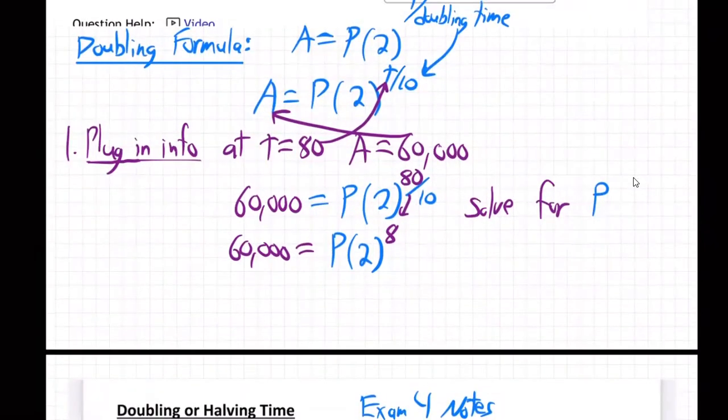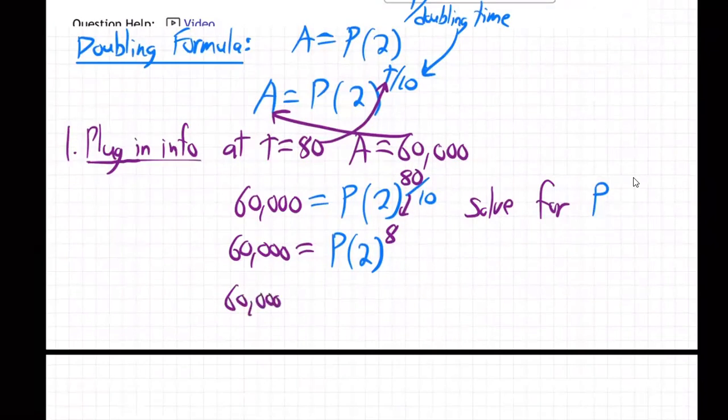So 60,000 equals P times 2 to the 8th power. Just use your calculator. 2 to the 8th power is 256.